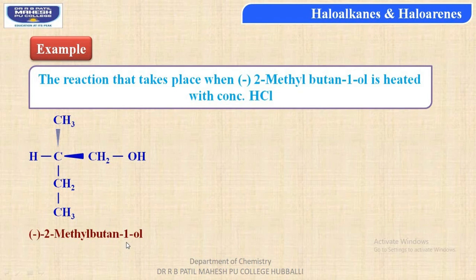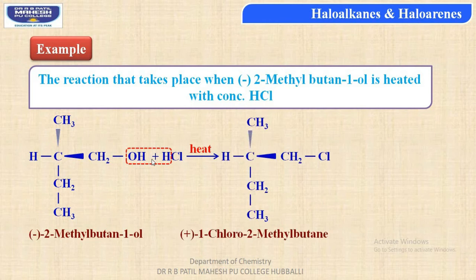Minus 2-methyl butan-1-ol is reacted with HCl, and on heating the removal of a water molecule occurs. That is hydrogen from HCl and the OH group from the reactant. As a result, a water molecule is removed, whereas Cl combines with CH2. Thus, we get the product, student, as positive 1-chloro-2-methyl butane with elimination of a water molecule.